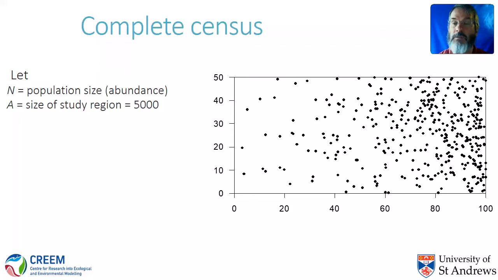So the size of our study area is chosen by us, and so we get to draw lines on a map that say, this is my study area. And so we use the notation capital A to designate the size of the study area, which in this case is simply the height of the study area multiplied by the width of the study area. So we know that's 5,000 units.